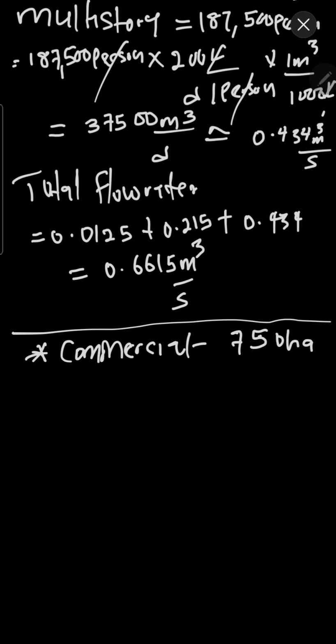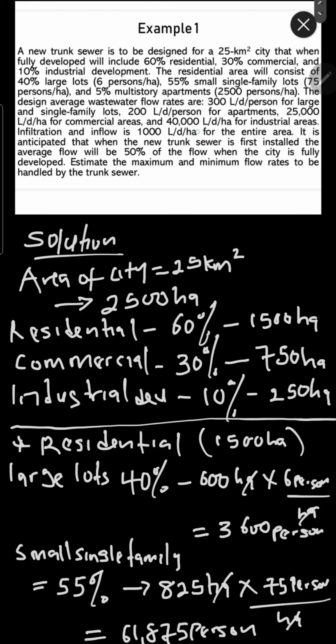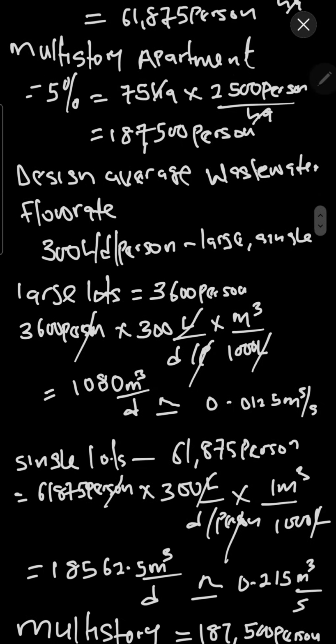So 750 hectares multiplied by, for commercial, we have 25,000 liters per day per hectare.